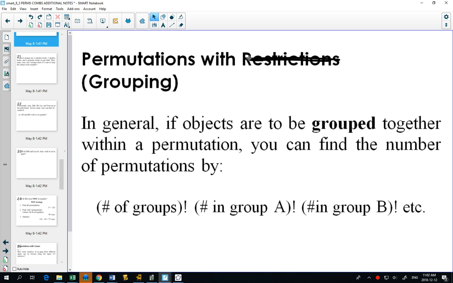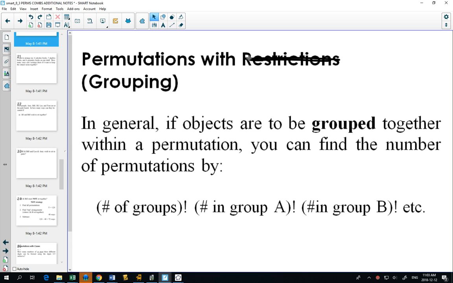The strategy and the way of doing this is you first figure out how many groups you have. Black shoes, brown shoes, gold and glitter shoes. 3 groups. So you first make a decision, 3 factorial, what is the order that I'm going to put? Black ones first, or the glitter ones first, or the brown ones first, and so on. Then once you've organized your groups, you look inside your groups. You have 79 pairs of black shoes.